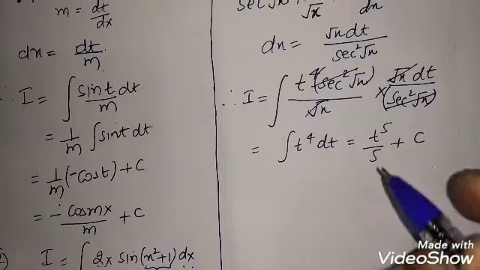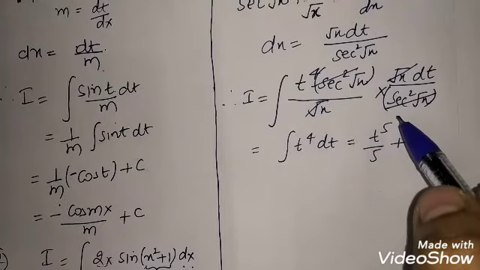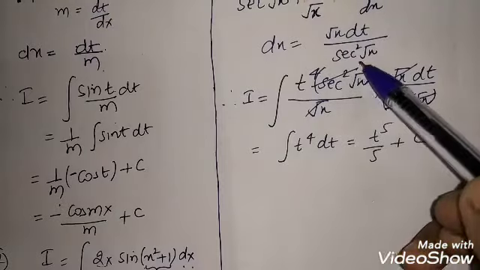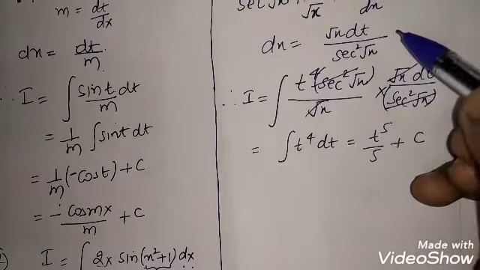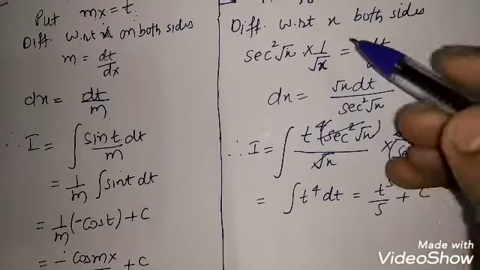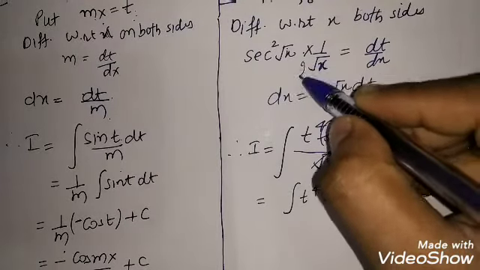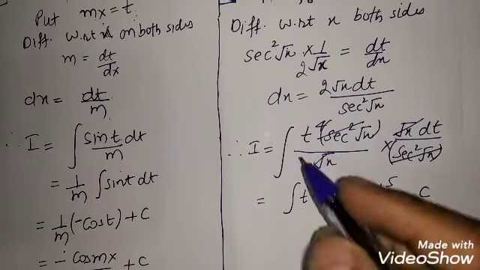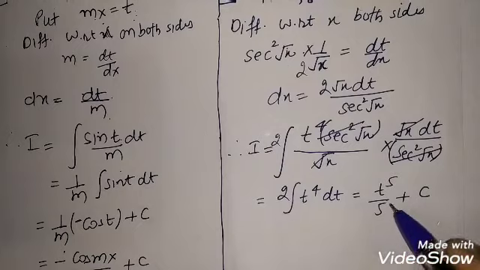Oh, I forgot one thing here. The integration of sec² √x times 1 upon √x gives 2, so 2 outside and 2 here.